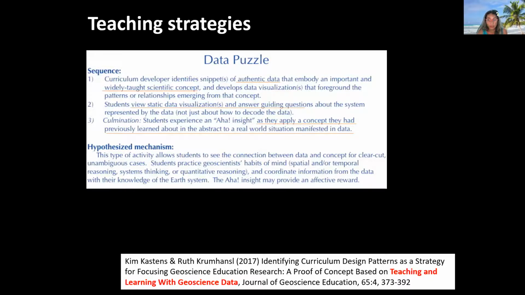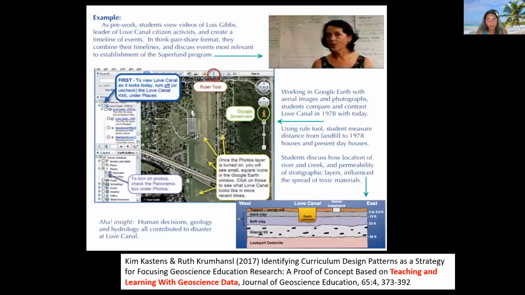So the students have already learned something, and you want to demonstrate that what they learned is relevant for real world situations. They look at the data, and then they get an aha moment where they realize it's important.